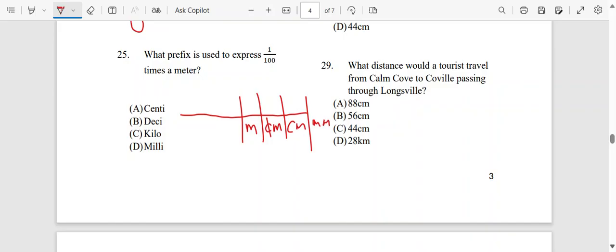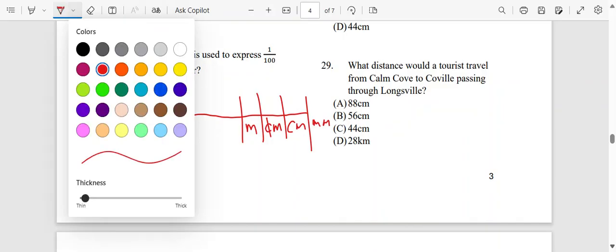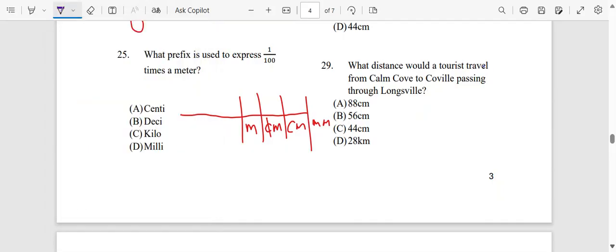But over here, after the meter, we have deca. I like to write the DK. Then we have hecto, and then we have kilo.